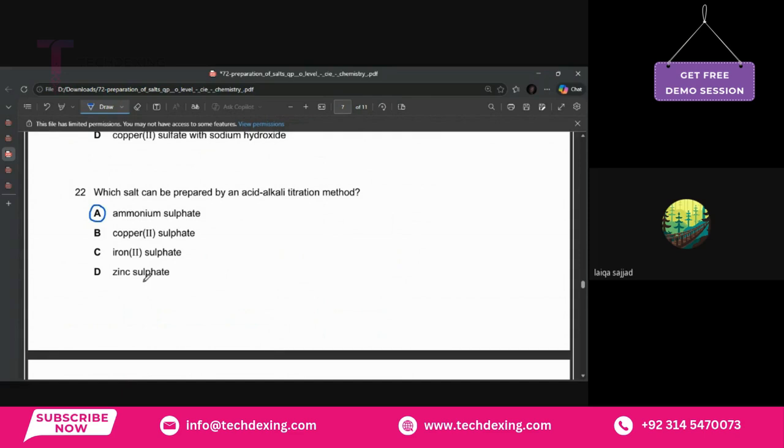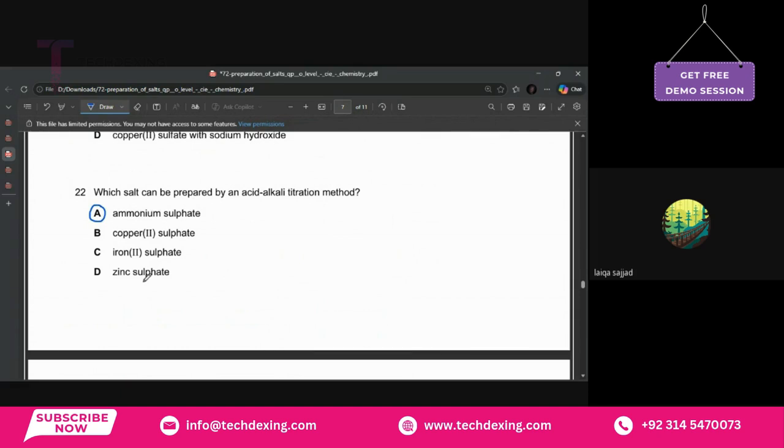But in copper sulfate, what do we require to prepare copper sulfate? If I want to prepare copper sulfate, which two reactants can I use?